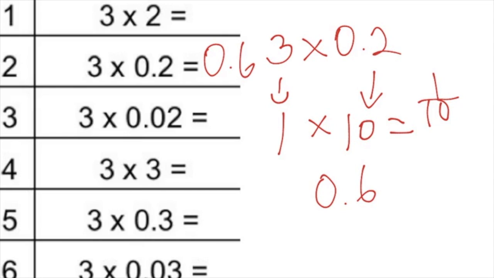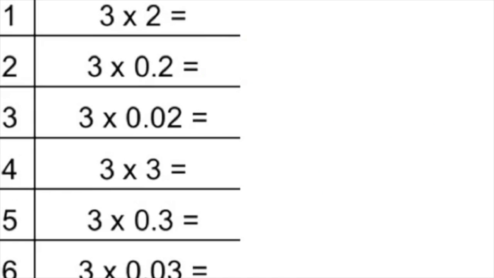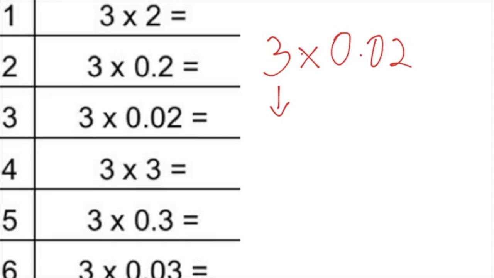Let's move on to number 3. We have 3 times, not 0.02, but 2/100ths. So let's continue with the same process. Our 3 is in the ones place, times our 2 is in the hundredths place, which means our answer is going to be in what place value?